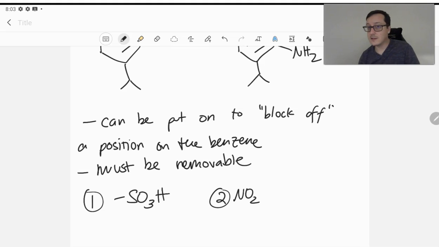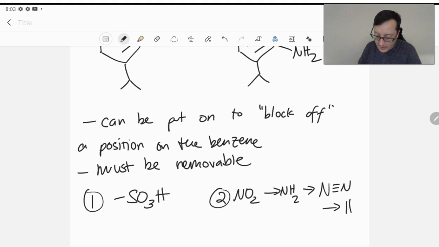Nitro has more specific utility, because we can turn it into an amine, NH2, which we then turn into a diazonium, which we can then turn into a hydrogen, back to nothing.